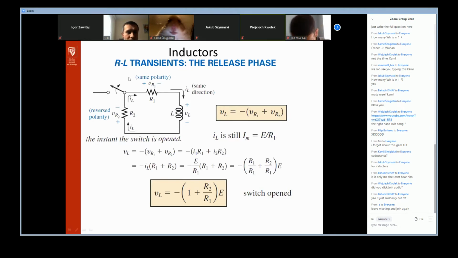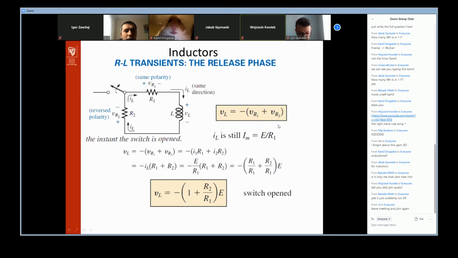When we open the circuit, we'll observe the situation that the current direction will be the same. We'll have the same direction here. If it is true, it means the changing of the current produced the VL voltage according to that equation.